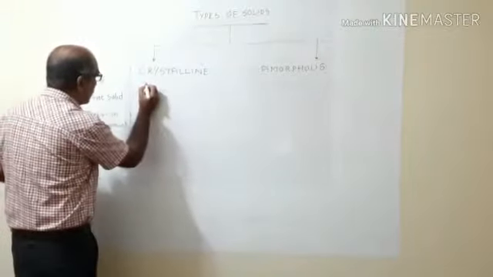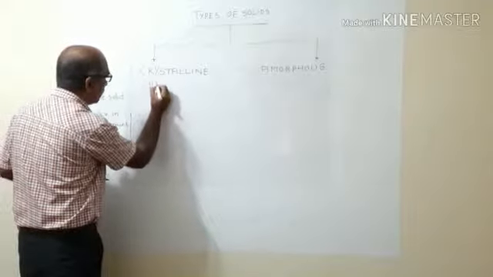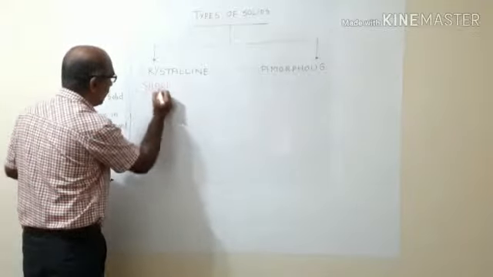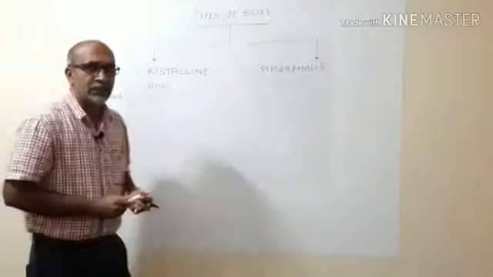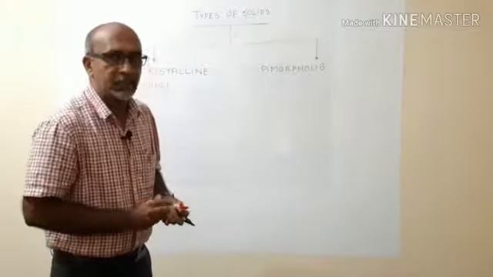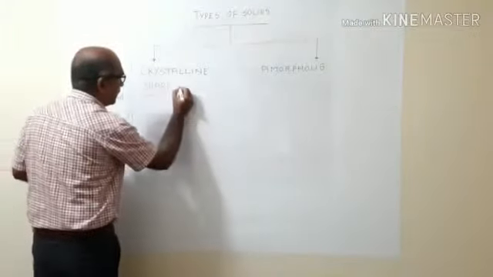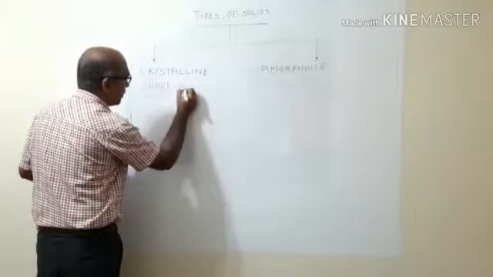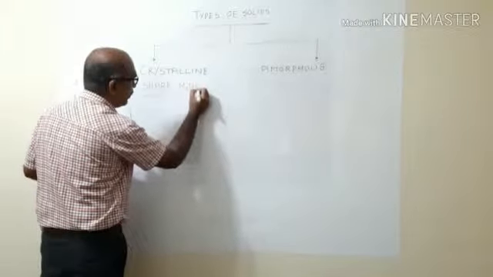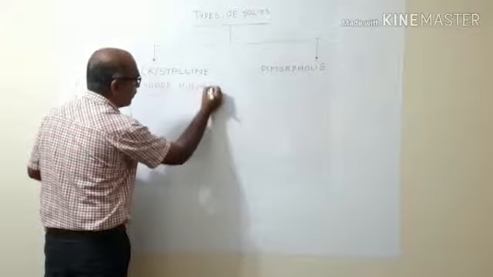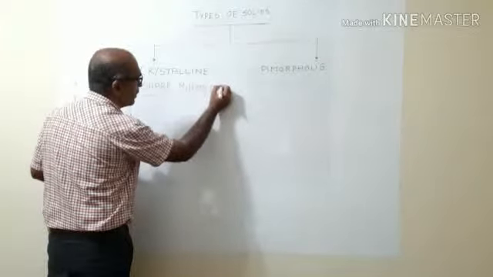Crystalline solids possess a sharp melting point. It's very important: these solids exhibit a sharp melting point.